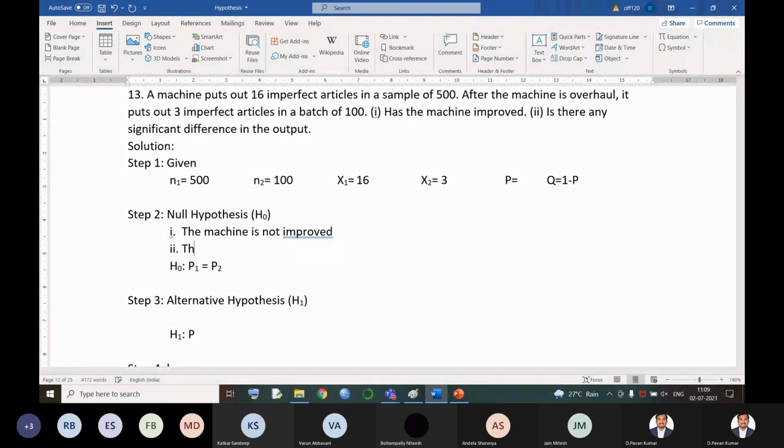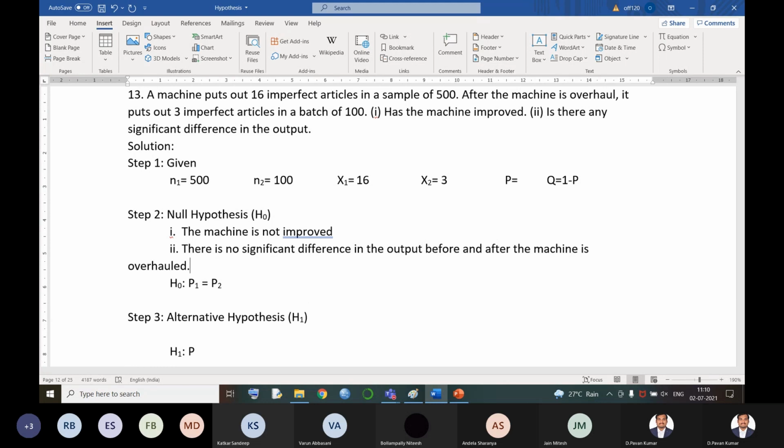That means there is no significant difference in the output before and after the machine is overhauled.